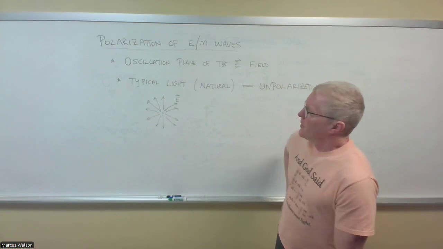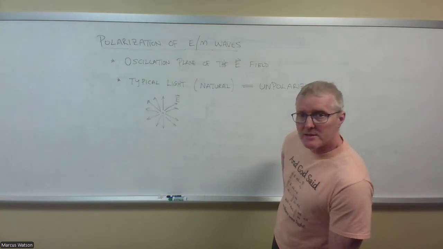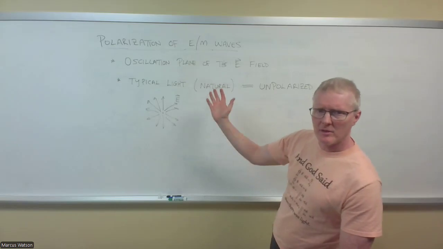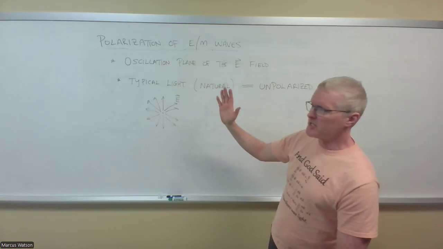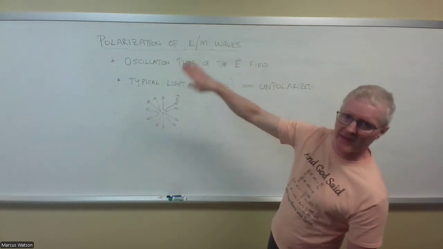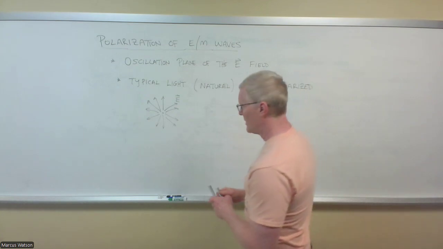A source of light that is polarized will have a single orientation, or a couple that are all near each other, such that the electric field is all going this way, or all going that way, or something like that.